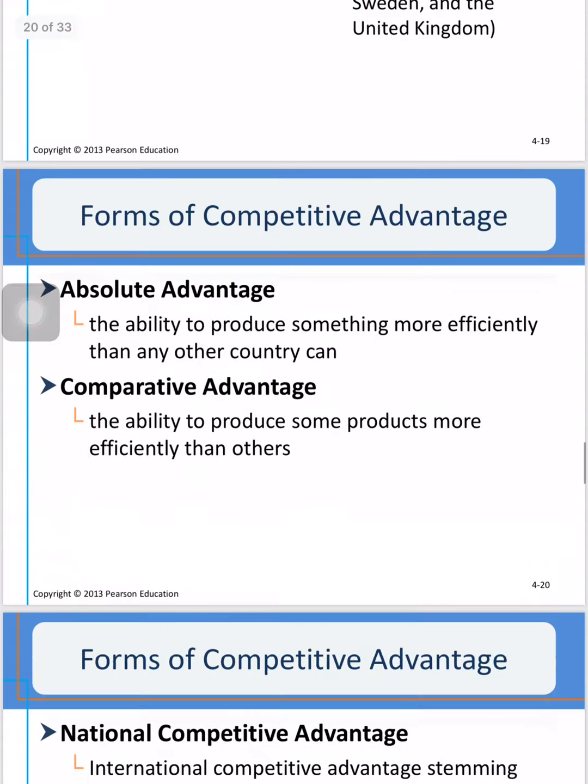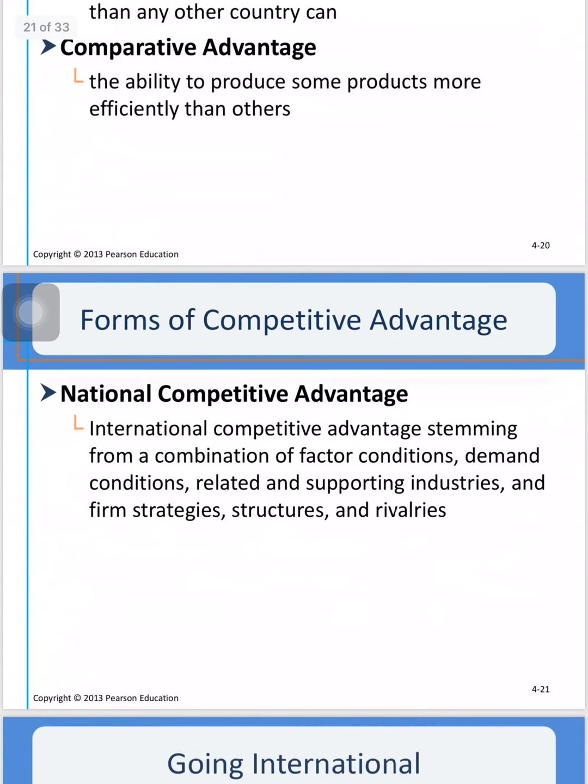Next is national competitive advantage. National competitive advantage is derived from factor conditions, demand conditions, related and supporting industries, and also strategy, structure, and rivalries.